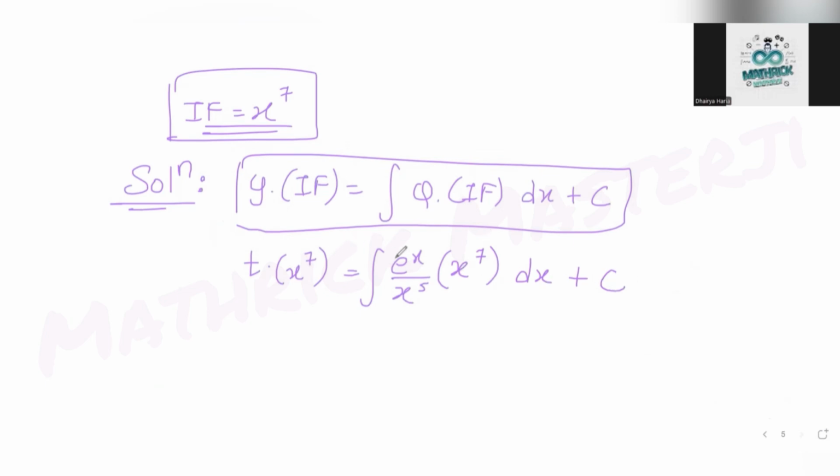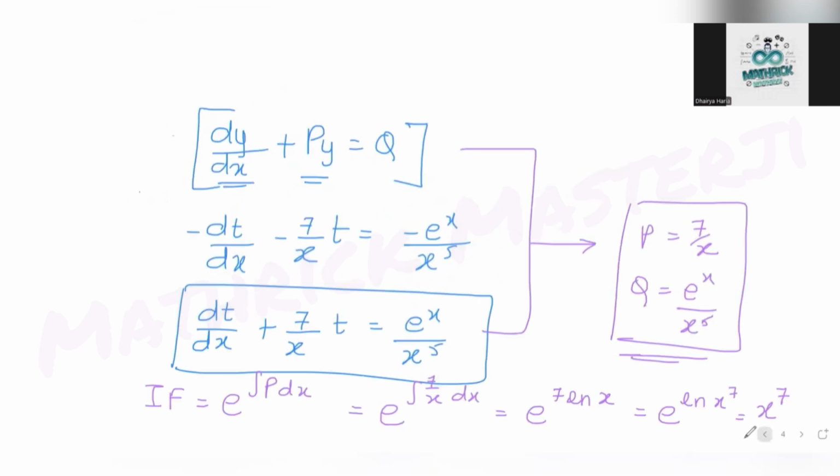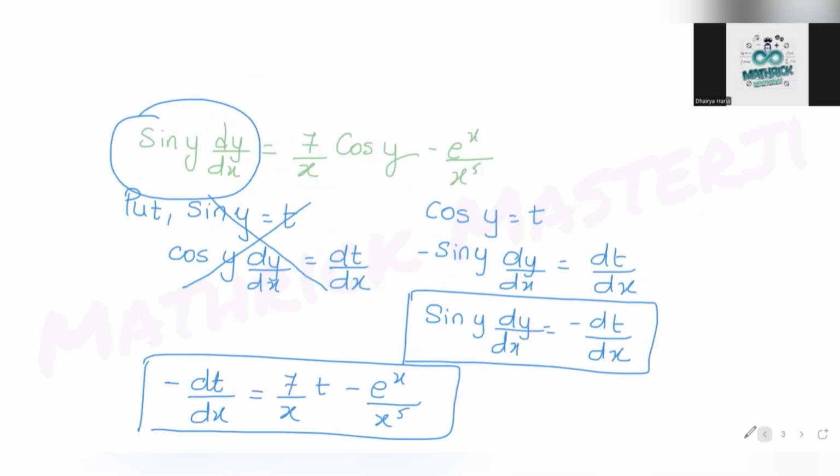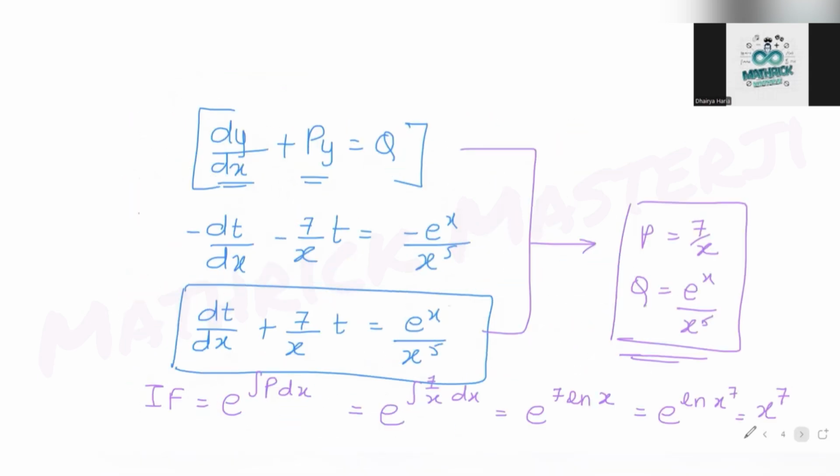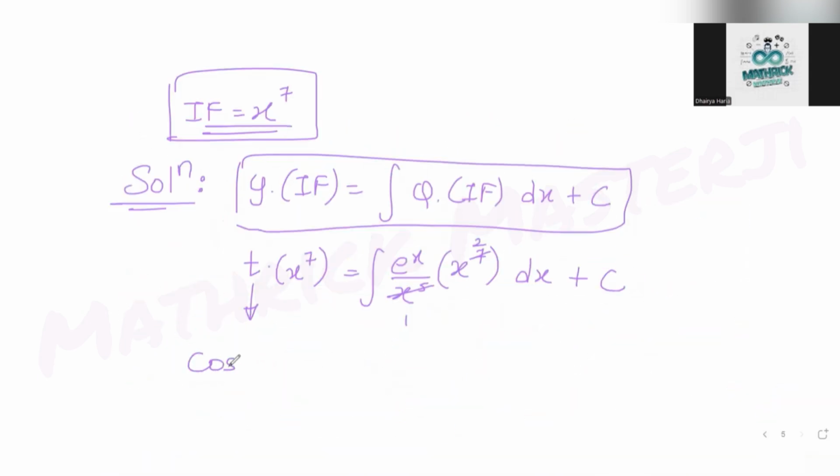So I get this here. Now x raised to 5 cancels with x raised to 7, making it x squared. And t, I can just replace, since we know it is nothing but what we substituted, which is cos y. So that leaves you cos y times x raised to 7 is equal to integral of e raised to x into x squared dx plus c.